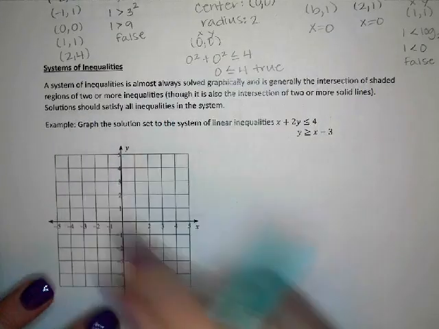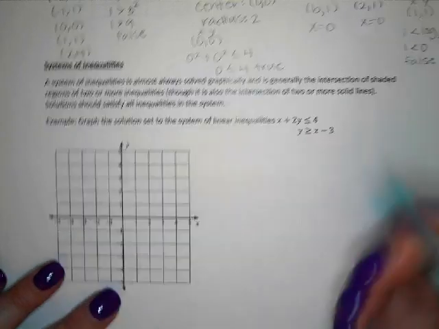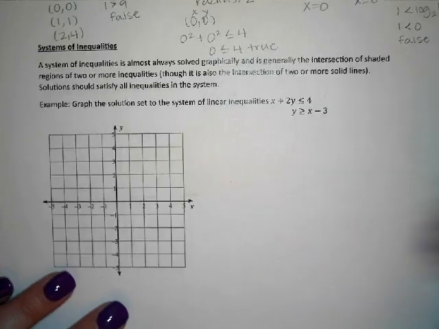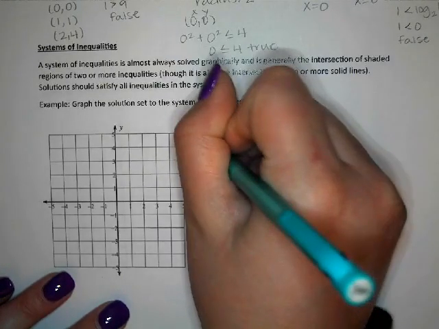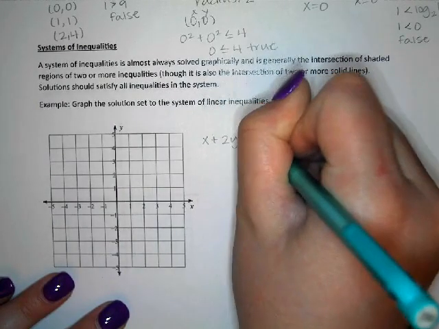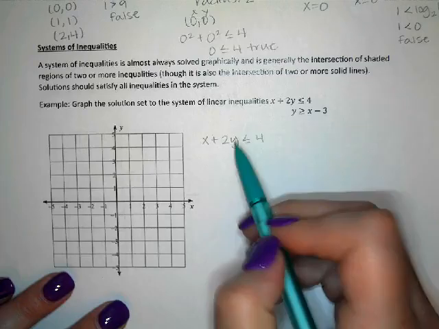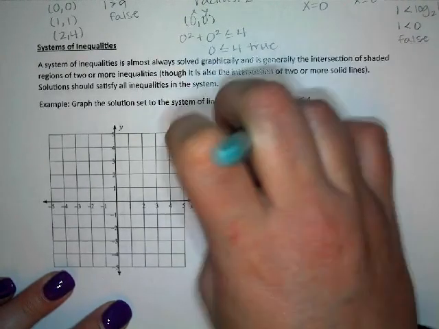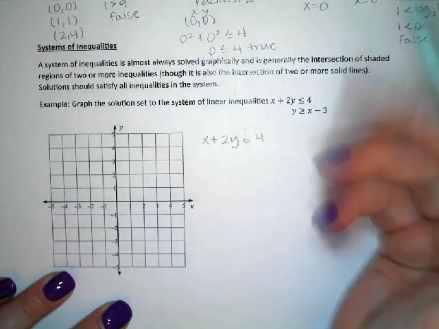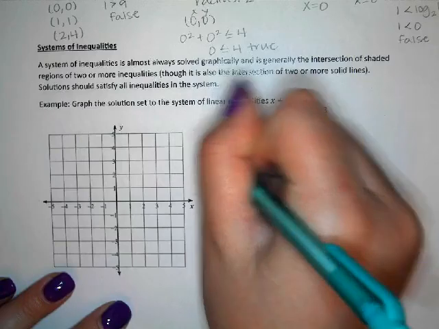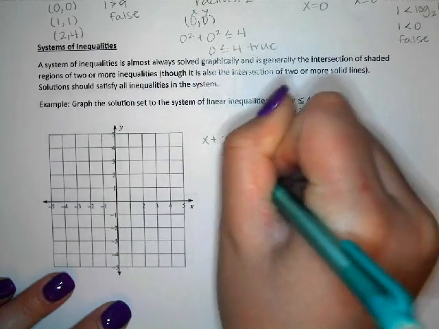Okay, so we're going to go ahead and do a couple examples of this. So we have x plus 2y is less than or equal to 4. And so the first thing I'm going to do, I'm just going to get this ready to graph. So I have 2y is negative x plus 4. I just subtracted the x over to the right side.